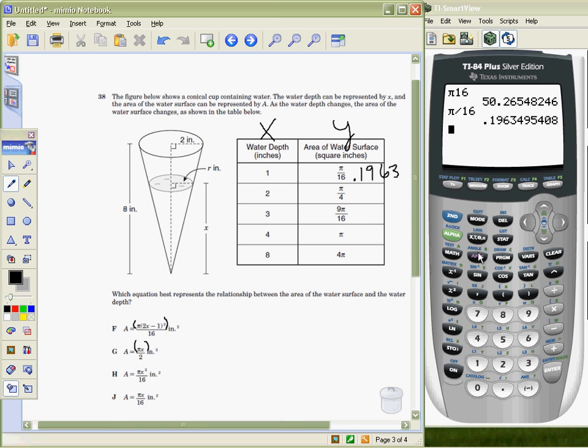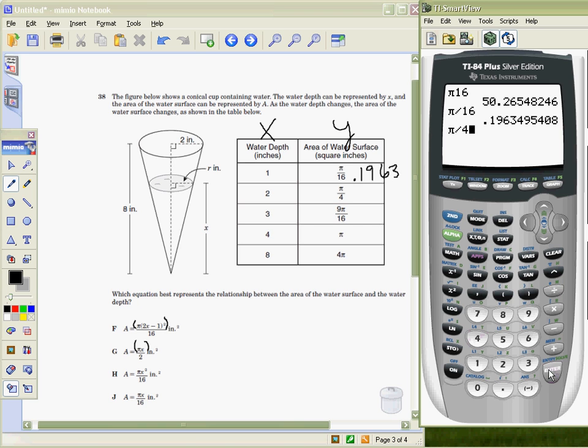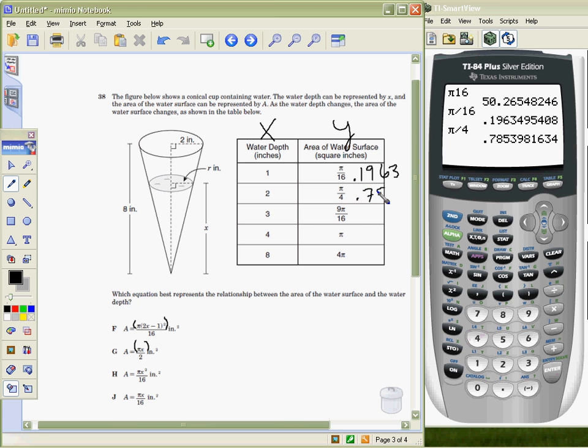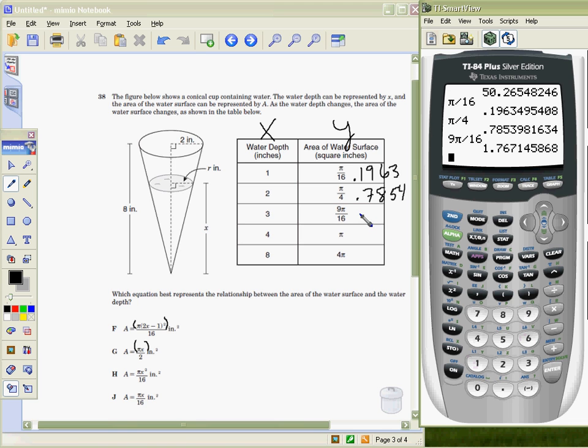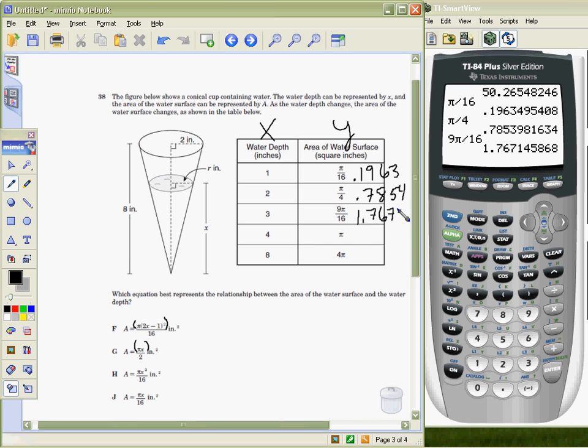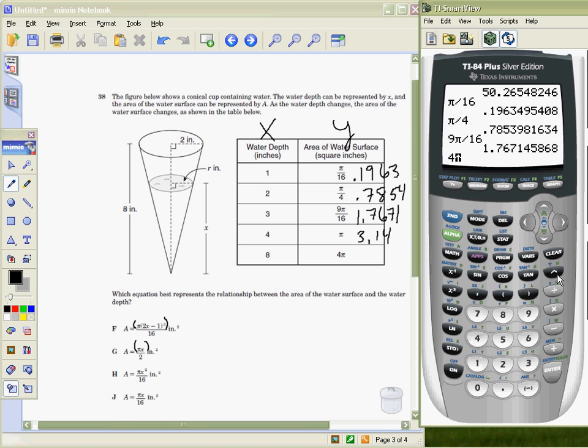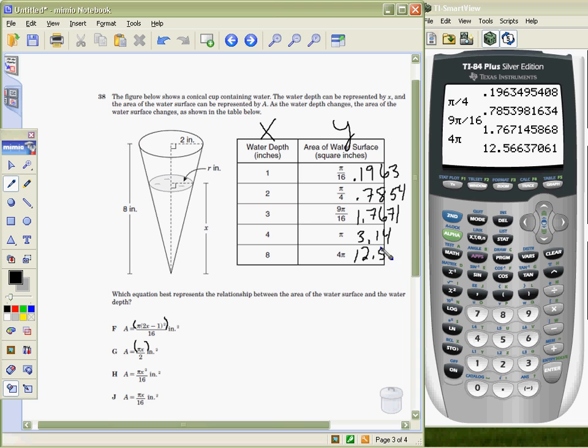We'll just do 4 decimal places. Then pi divided by 4. Then 9 pi divided by 16. Then just pi, we'll just call that 3.14. And then 4 pi, 12.5664. This will make it easier.